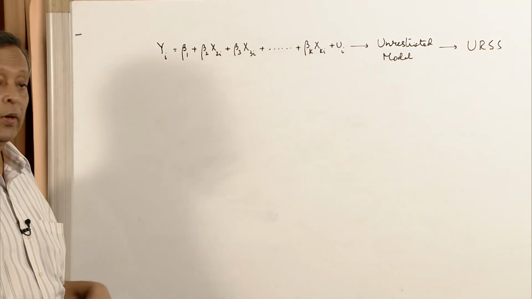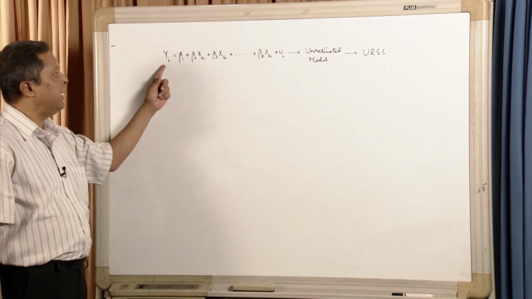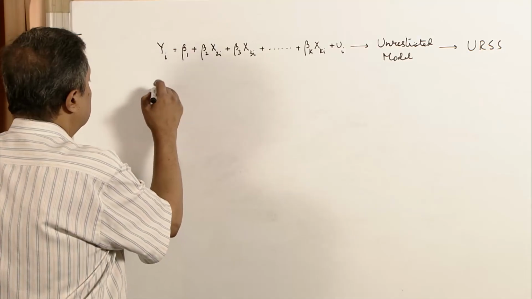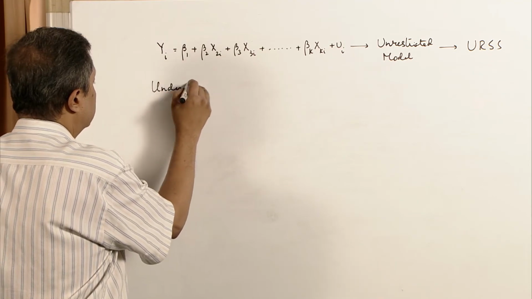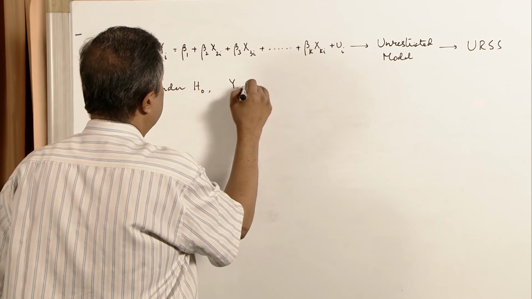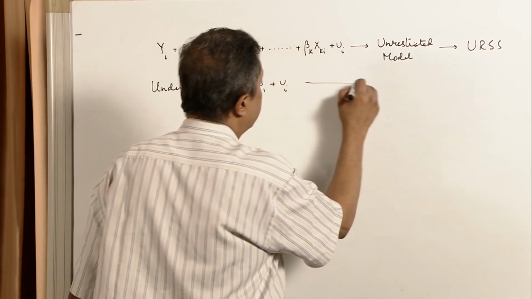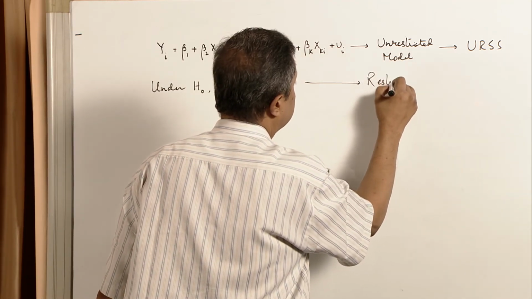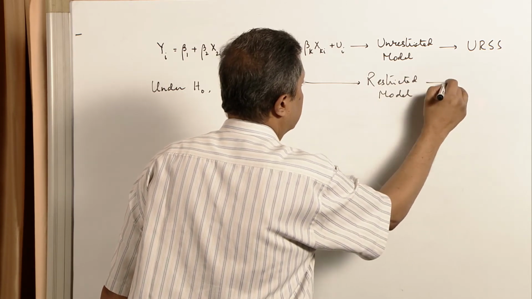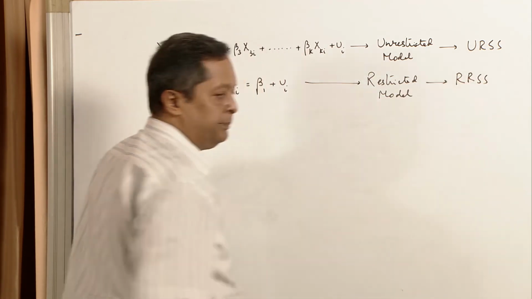If we now incorporate the restrictions, that means beta 2, beta 3, up to beta k are all equal to 0, then in fact y is not explained by any of these variables. So, under H naught, what do we have? y i is simply beta 1 plus u i. So, that is the restricted model. And this will give us the restricted residual sum of squares.